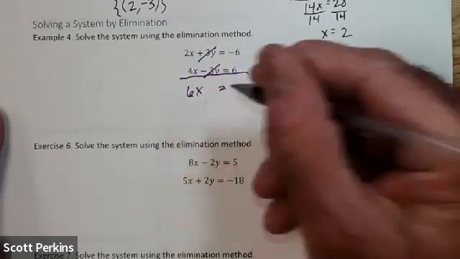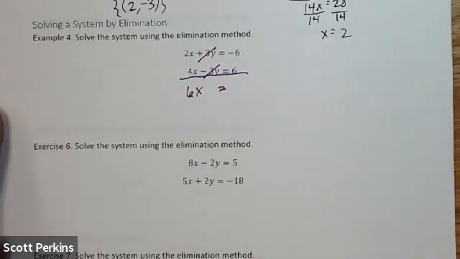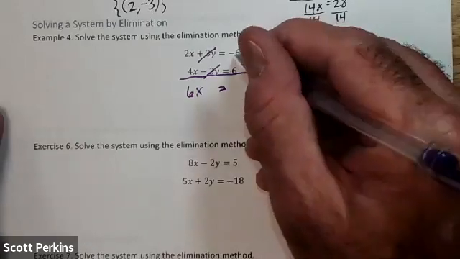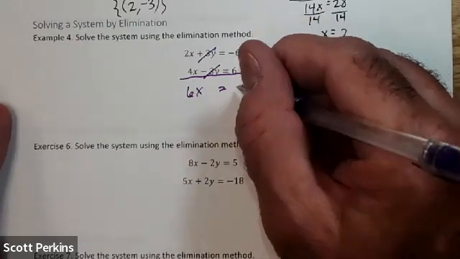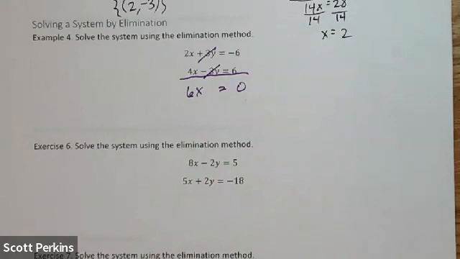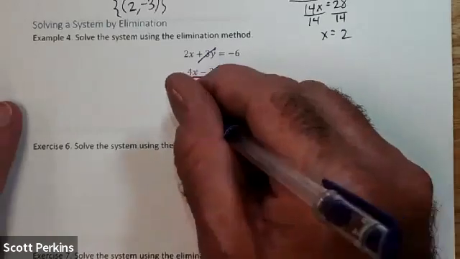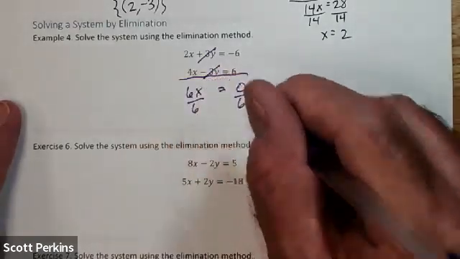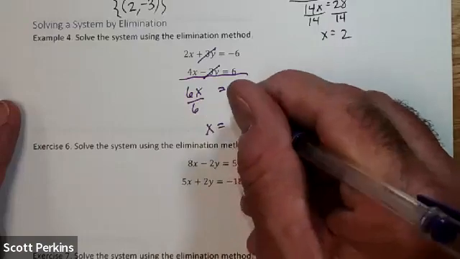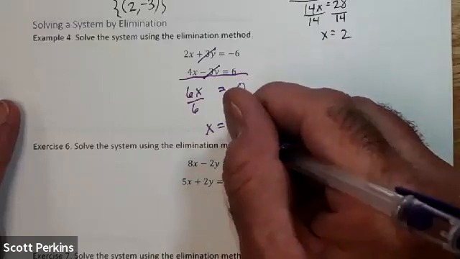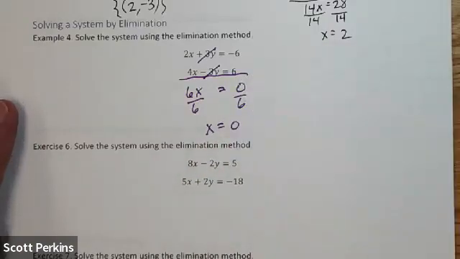And just by chance, negative 6 plus 6 cancels, and that becomes 0 on the other side. 0 is a number, so I need to have something on the right side of this equation. Now I'll divide both sides by 6. And now x is, when I take 0 and divide it into 6 parts, 0. So I've already got half my answer by eliminating, just by adding the two equations together.